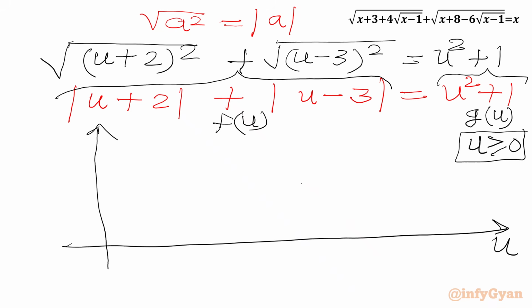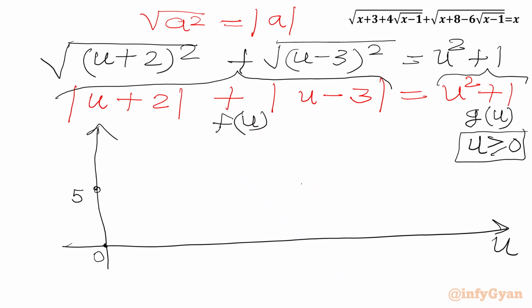Let's put u equal to 0 in f(u). So mod of 0 plus 2 plus mod of 0 minus 3, which is mod of 2 plus mod of minus 3, value will be 2 plus 3, 5. So at u equal to 0, here we will write 5.